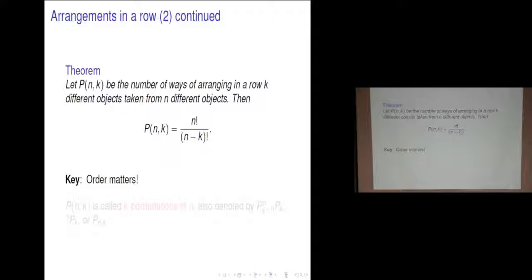You cannot swap. So we get a number called permutation. This P of n, k is called k-permutations of n. There are lots of equivalent notations; if you see a different textbook, you see this. They all mean the same.